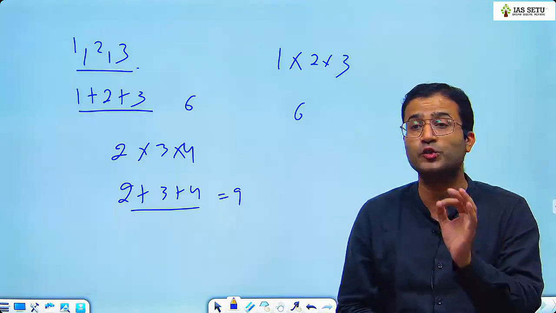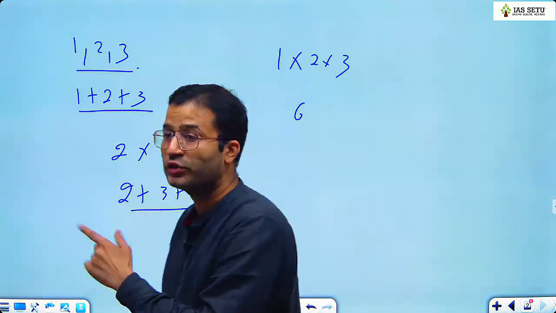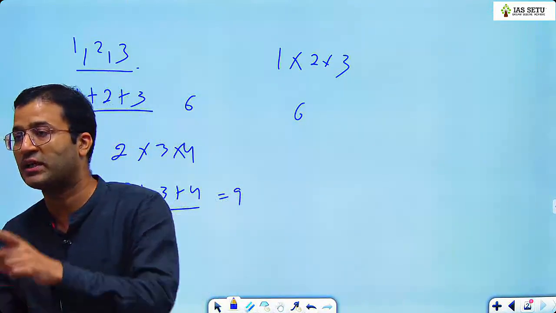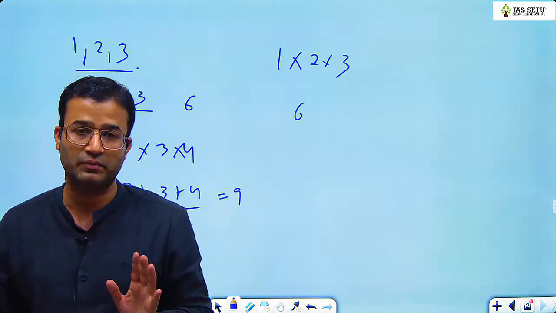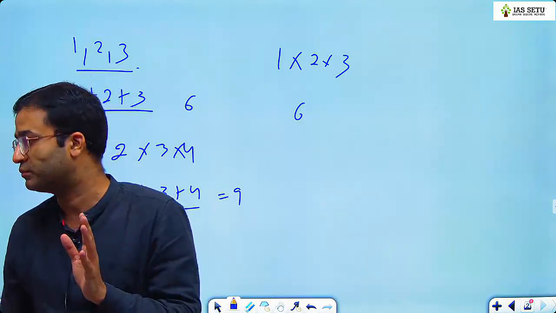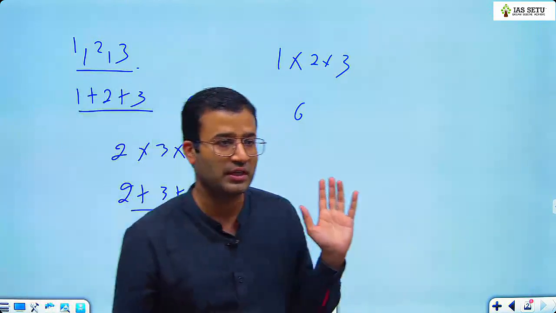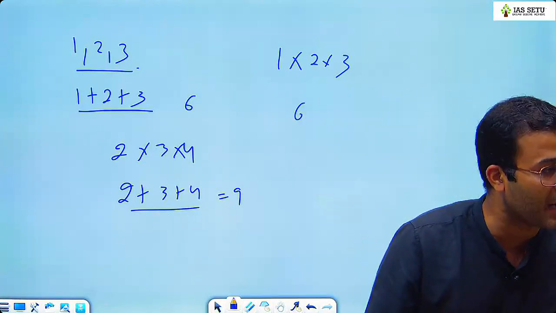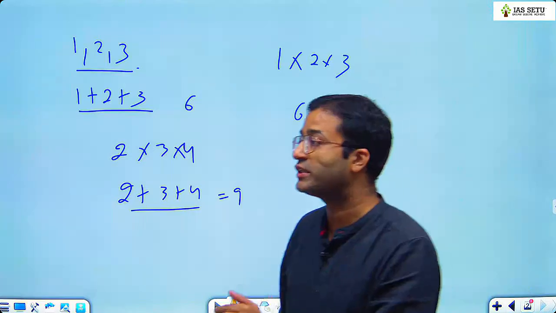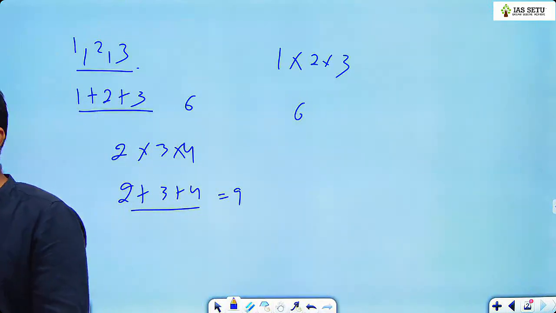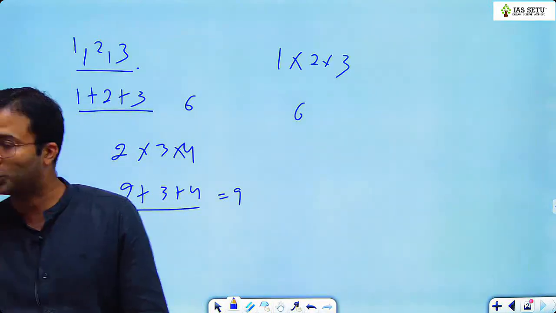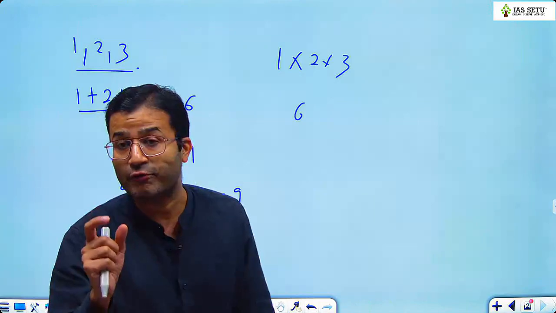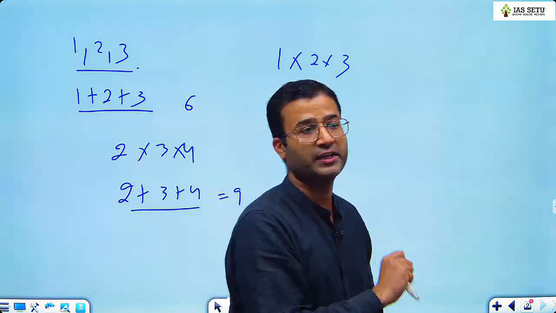Some students who knew this 1, 2, 3 fact marked the answer 1 pair, and they were confident also. They thought it was already studied, and they got negative marking. Why? Because UPSC did not ask 3 consecutive natural numbers, they asked 3 consecutive integers. So you have to be careful. It is a small thing, but you have to read each and every word very carefully.